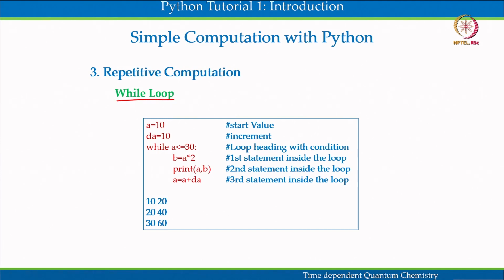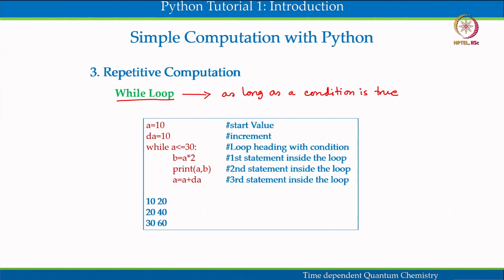A while loop is used to repeat a statement as long as a condition is true. So it will repeat whatever is written in the loop.